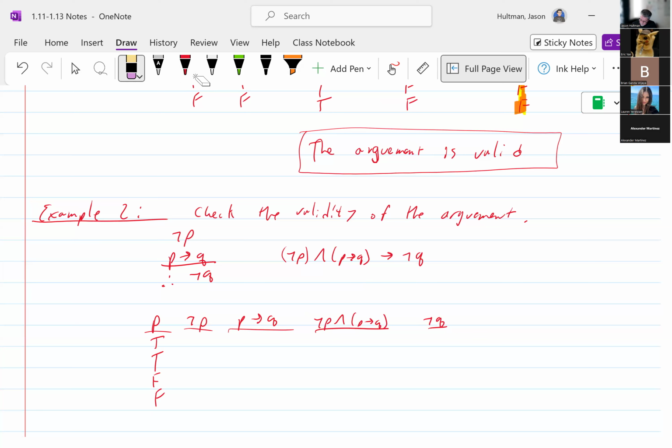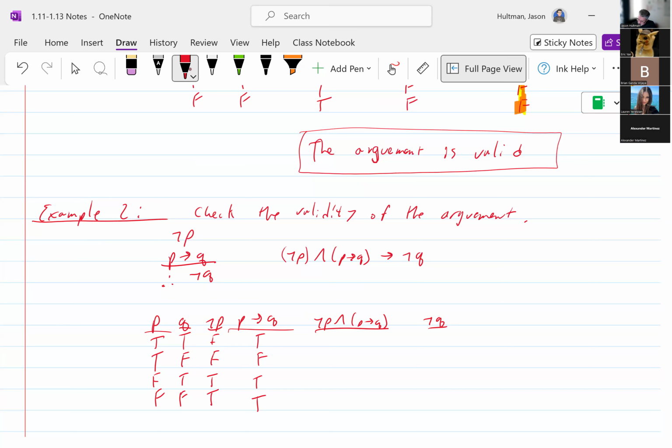Let me put in the Q as well, just so we know what we're dealing with here. That's true, false, false. Okay, not P is false, false, true, true. P goes to Q is true, false, true, true.